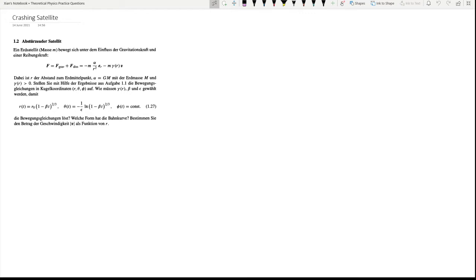Okay, so now we are going to use the result from the previous work, which is velocity and acceleration in spherical coordinates.